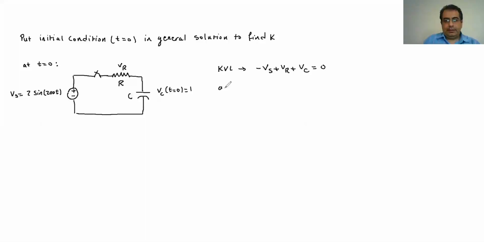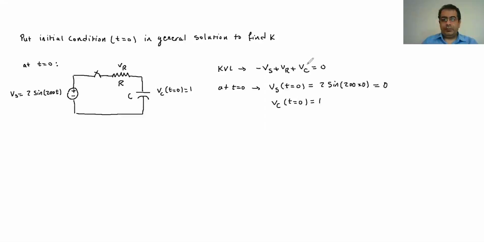Now at t equal to 0, VS at T0 would be 2 times sine 200 times 0, which we know the sine of 0 is 0, so VS is 0, and also we know that the VC at T0 is going to be 1.